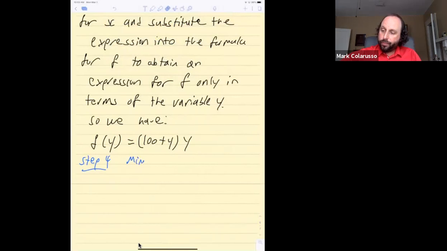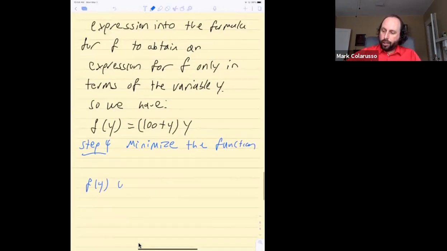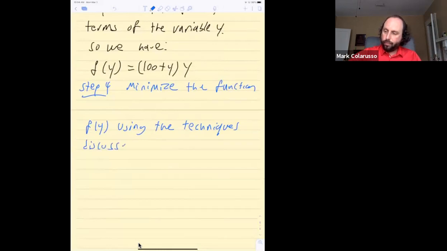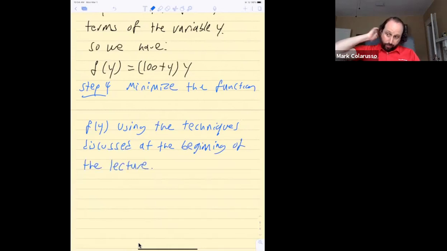Minimize the function f of y, using the techniques we discussed at the beginning of the lecture. First derivative test, etc.